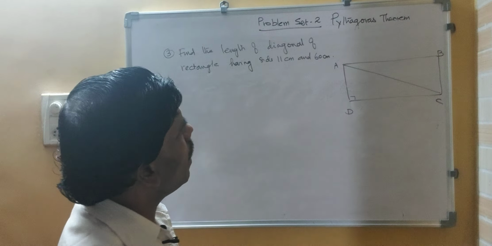Now solution. Side of isosceles right angle triangle is x. Find its hypotenuse. Okay, now solution.